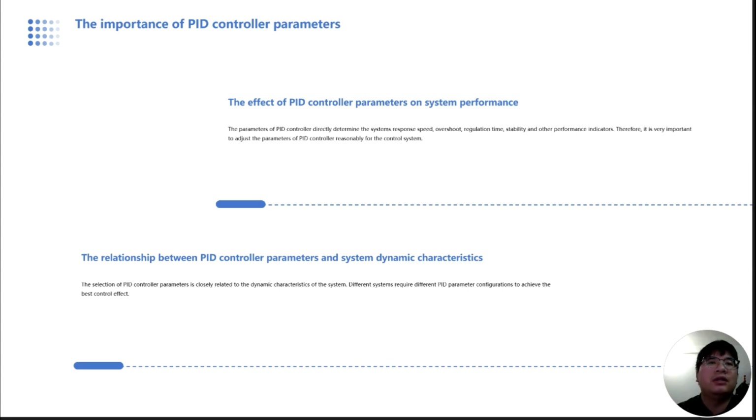They collectively affect the response speed, overshoot, adjustment time, and the stability of the system. It can be said that with good parameter tuning, an ordinary system can perform exceptionally well. If not properly tuned, the system may even fail to work stably.